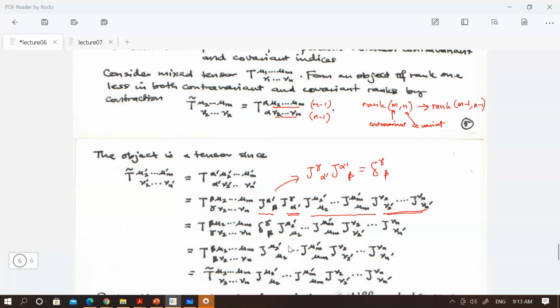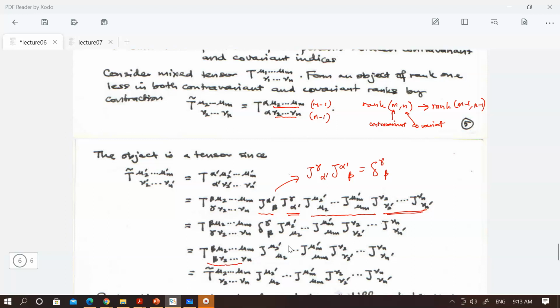But then that will say that your gamma and beta must be the same, because your Kronecker delta is equal to 1 if it's equal, but 0 if it's not. So in other words, we will now replace gamma by beta.